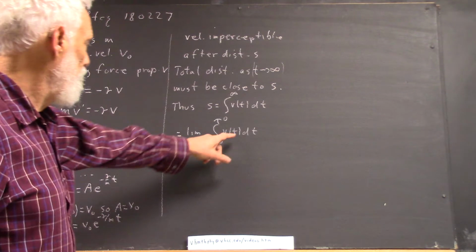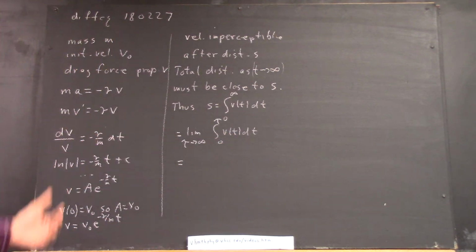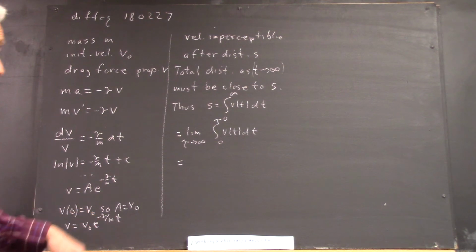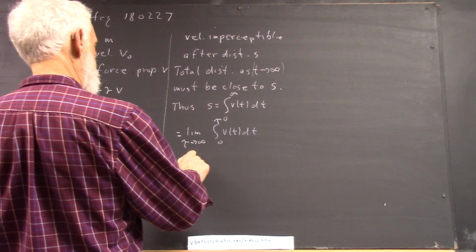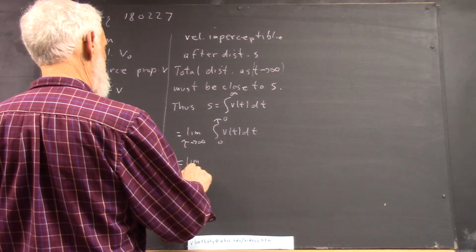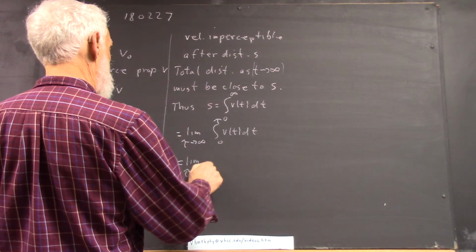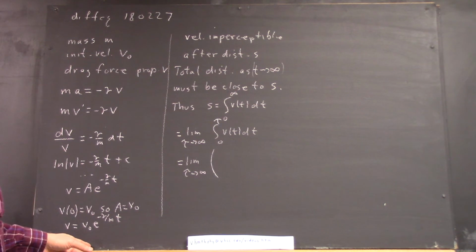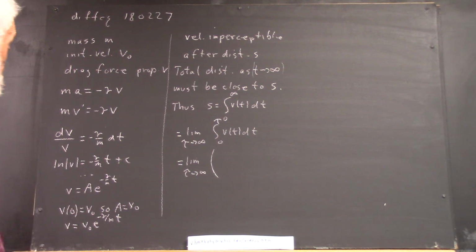And the antiderivative of this is negative m over gamma v naught. So again, without going through the details of that integration, that's a very straightforward integration.